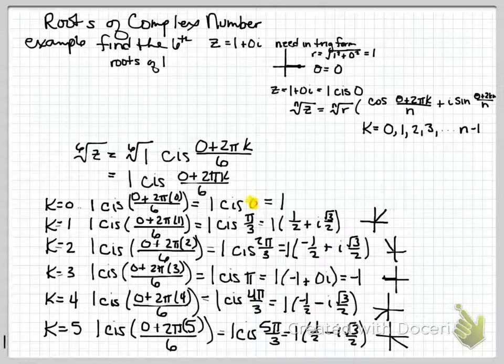The next one is pi over 3, then 2 pi over 3, pi, which is 3 pi over 3, 4 pi over 3, 5 pi over 3. You should notice there's a pattern with how these are increasing. So it's a good way to check yourself as you go. Okay, so that's the first example.